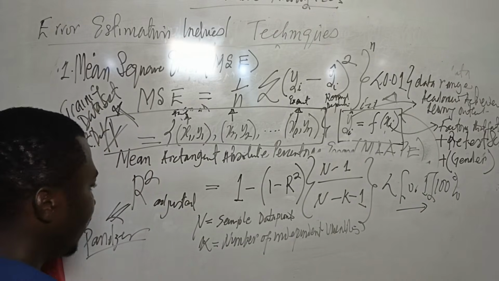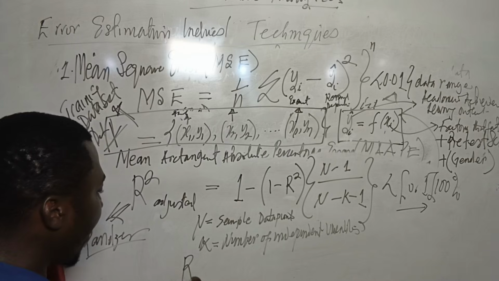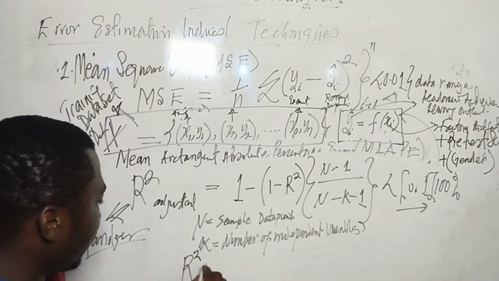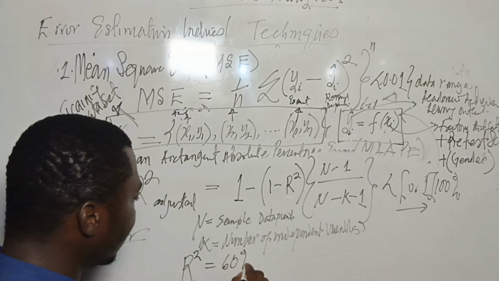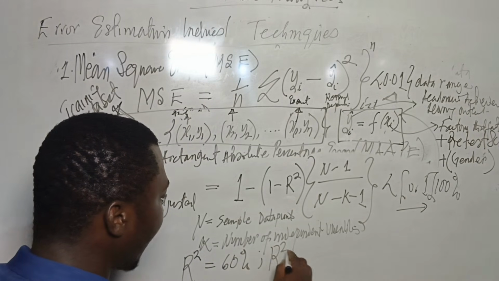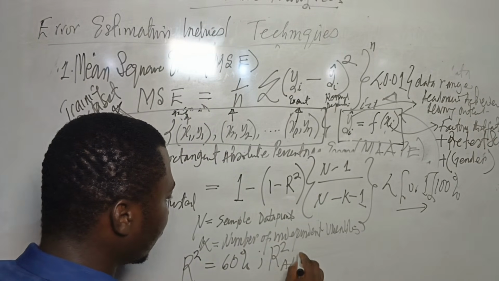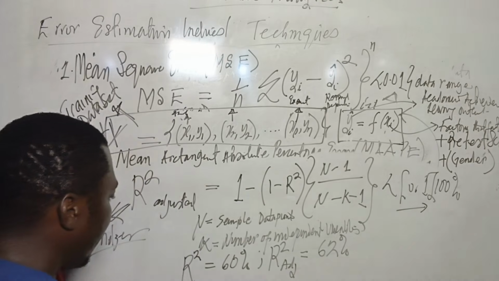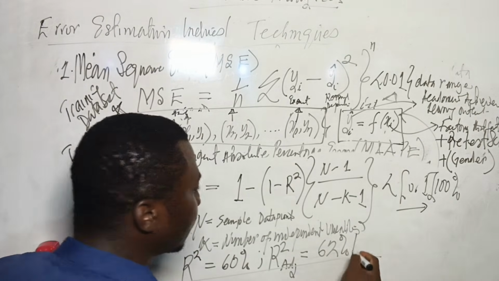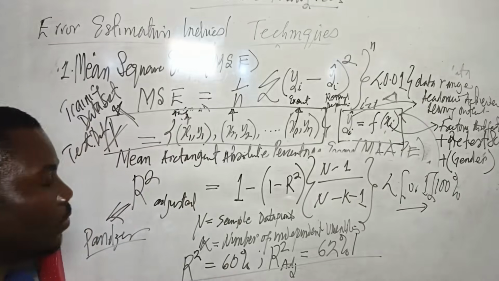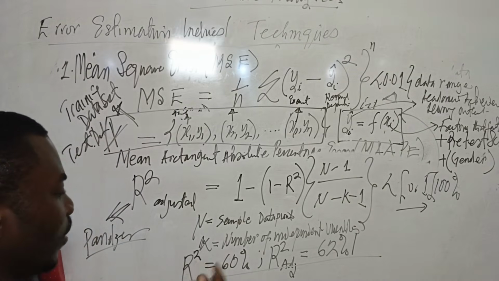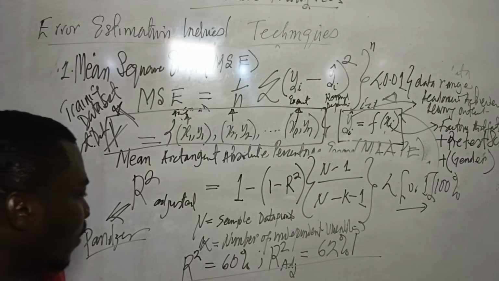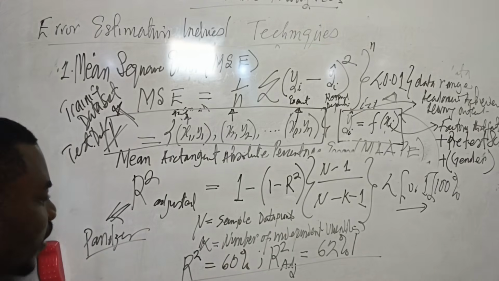So for instance, if before you add the new parameter, you have the R squared value of 60% and the R squared adjusted value of maybe 62%, but when you decide to add some other variable hierarchically into the model, you begin to see change in these coefficients.